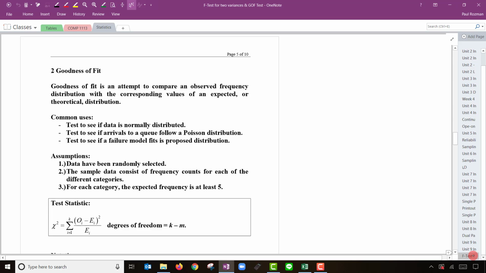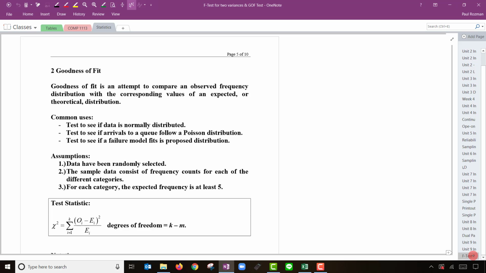Goodness of fit test is basically, you sort of already did something like this when we were trying to estimate the parameters of a Weibull distribution. Basically, you're comparing your sample results to what you'd expect to happen under some assumption.